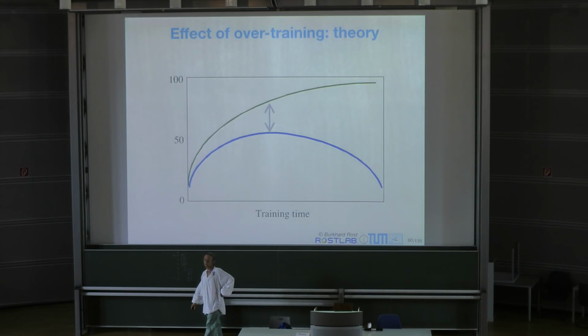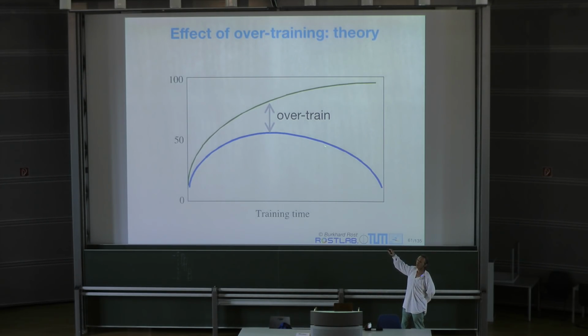I haven't said that. Does anybody know anyway? Yes? Green can be the training accuracy and blue the test accuracy. So green is the training accuracy and blue is the test accuracy, and this is essentially why we call this point overtraining, because at this point you see that testing no longer improves. In fact, it decreases.